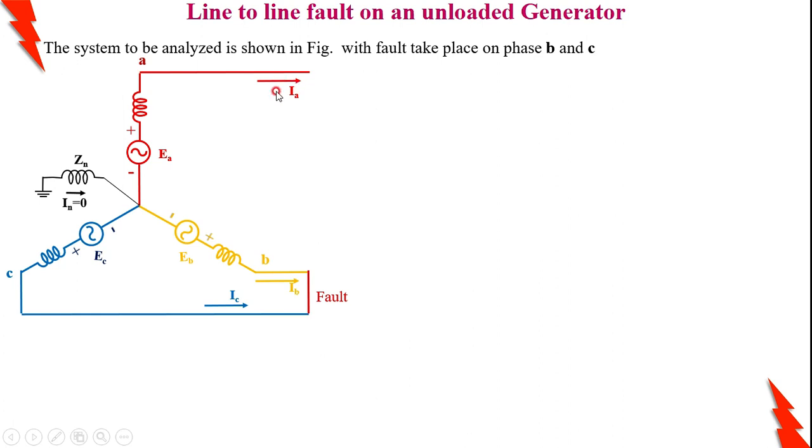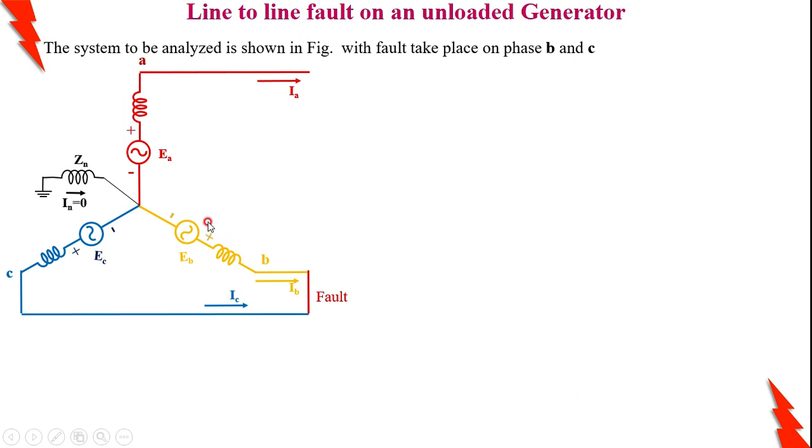The first boundary condition is that the current in phase A is 0, because it is not involved in any fault. Therefore, it is operating under no load condition, and IA is equal to 0. At the same time, if you look into the terminal voltage of phases B and C, they are equal.